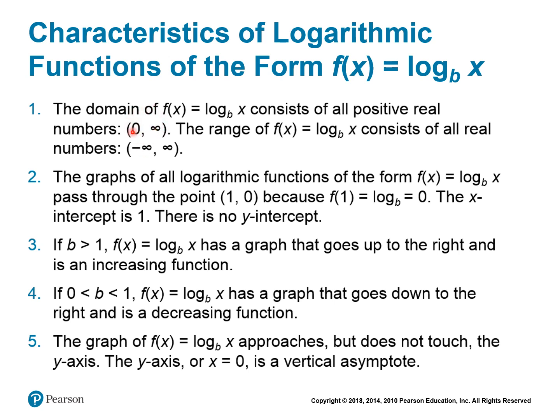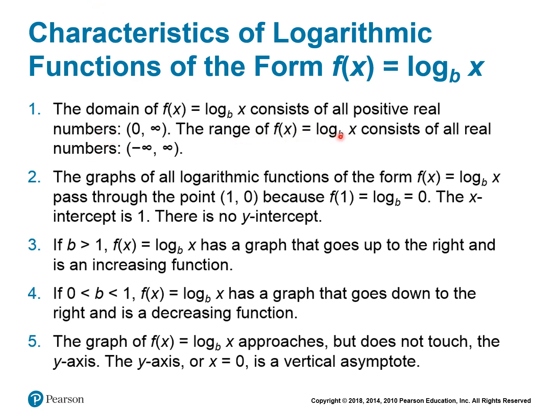Note we have a round bracket before the 0, so that means that 0 is not included in the domain. But any value greater than 0 all the way up to infinity is in the domain of the function.